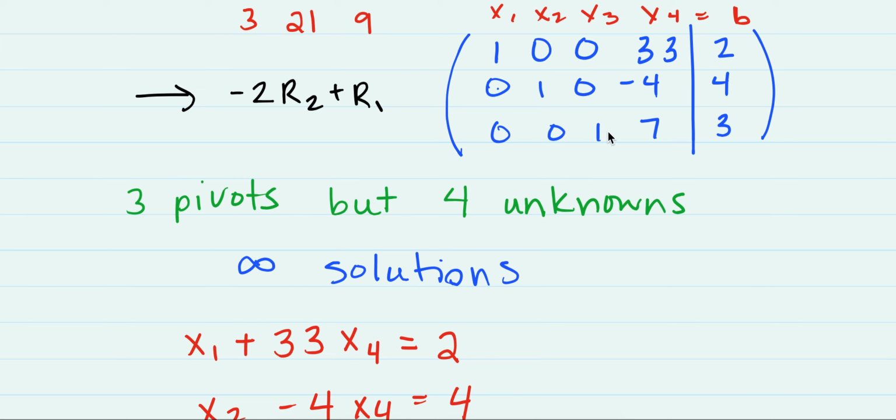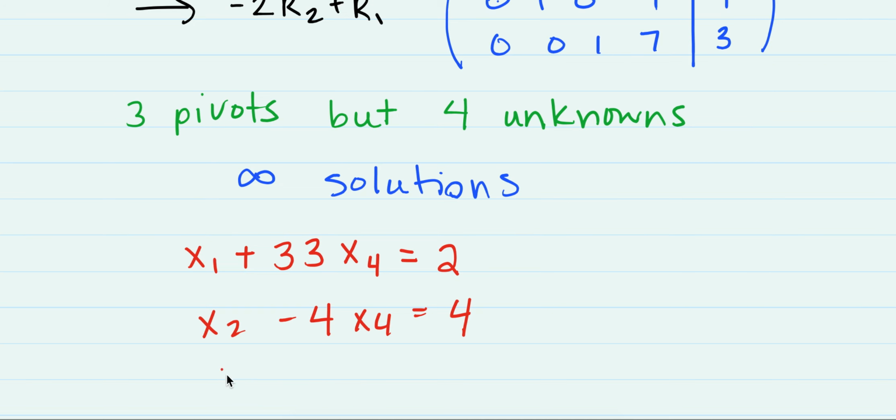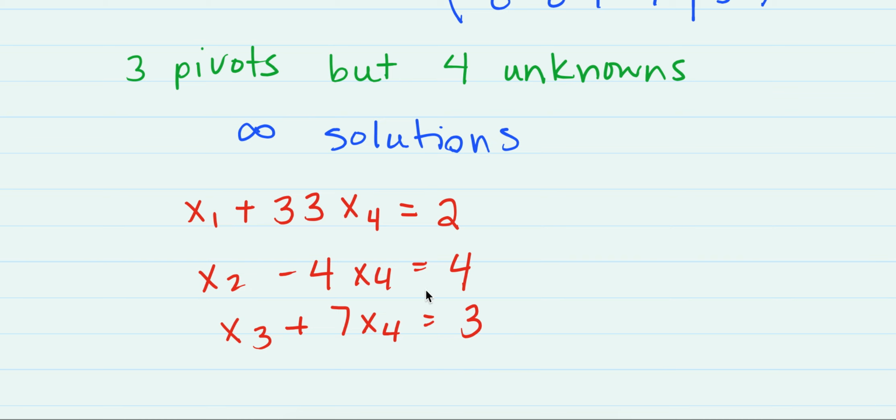And x3 plus 7x4 is equal to 3. Okay? We're going to solve for each one of the pivots. So let's write that here. Solve for pivots.